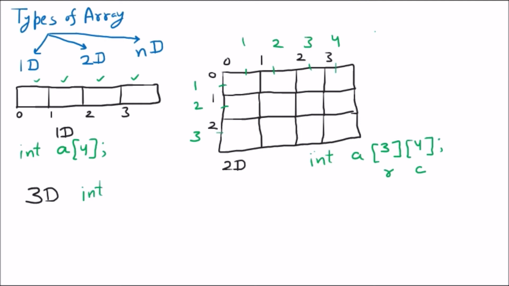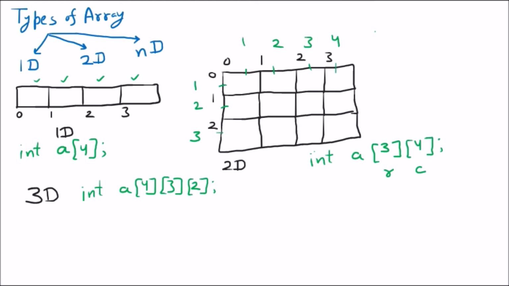Similarly, int is the integer type, A is the name, and there will be 3 blocks. But these are very complex arrays to handle. Let us suppose there is 4 cross 3 cross 2. Similarly, we can take out a 4D array and so on. But yes, 1D and 2D arrays are very important and only they will be covered in the syllabus.